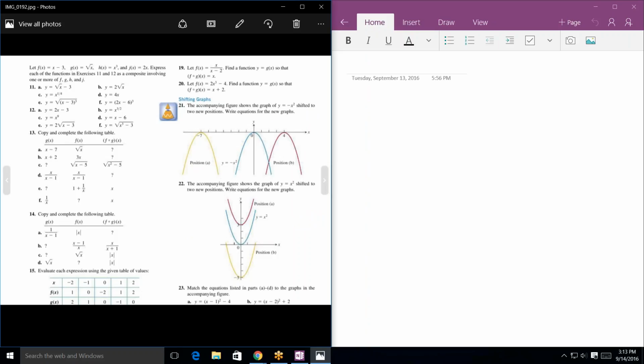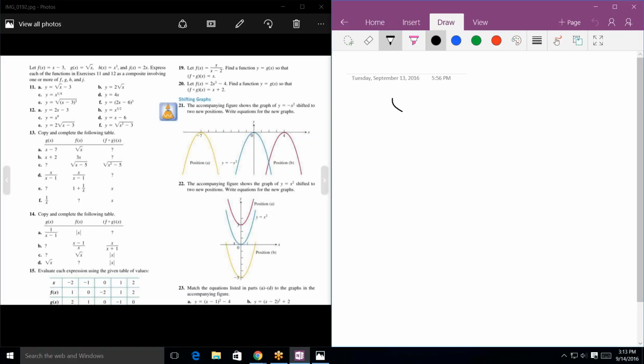So we have four different functions. We have f of x, we have g of x, we have h of x, and we have j of x. Express each of the functions as a composite involving one or more of the following.